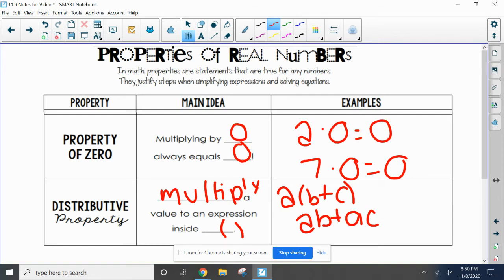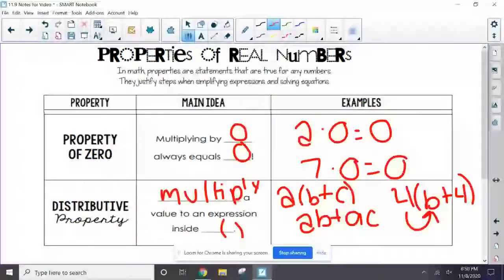And we've done this before, if I have 4 parentheses B plus 4, we know 4 times B, we're going to assume 1, so you could say 4 times 1, keep the B, 4B, and then 4 times 4 plus 16. And that is our distributive property.